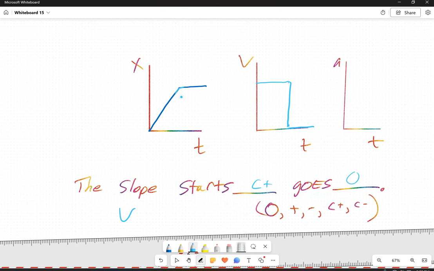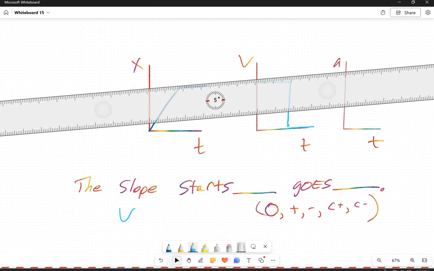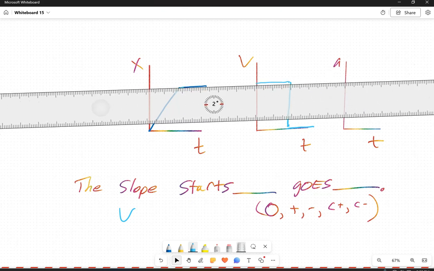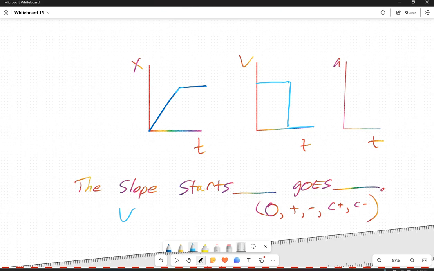So that means instantaneously that velocity is changing, but it's happening so quickly that we're not able to detect it or notice it. Now, looking at my velocity versus time graph, my slope starts 0, and then it goes to 0. So for the entire time, my acceleration is 0.